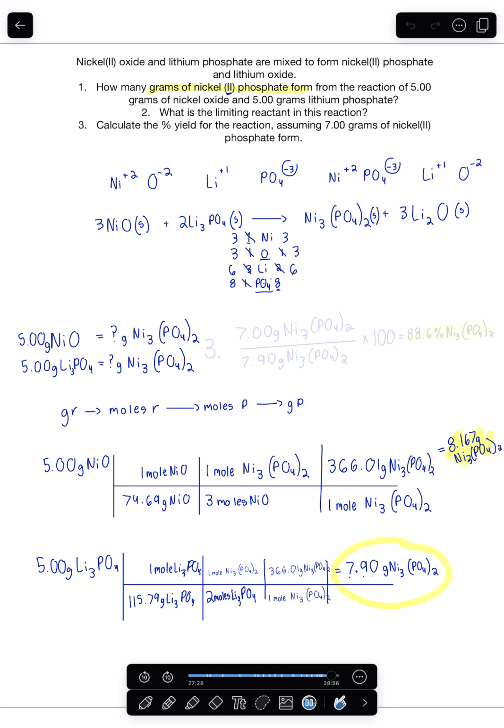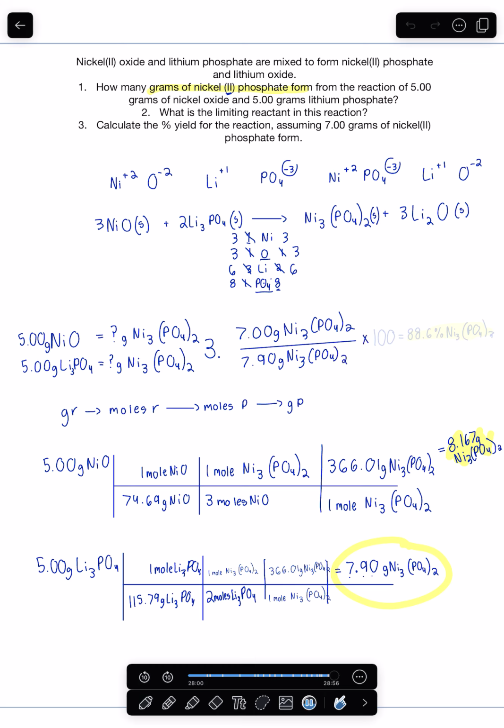Moving on to our last step, we're going to do it up here in the free space. We are going to take the actual yield, which is 7.00 grams of nickel phosphate, and we are going to divide it by the theoretical yield of 7.90 grams of nickel phosphate.